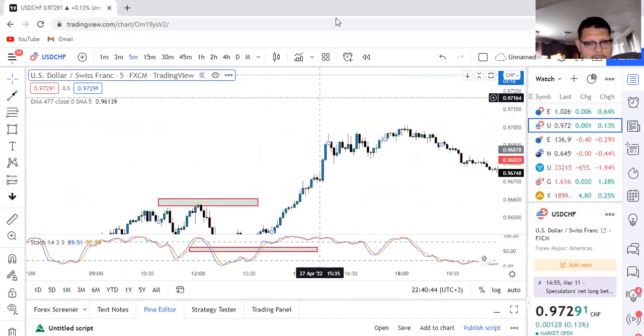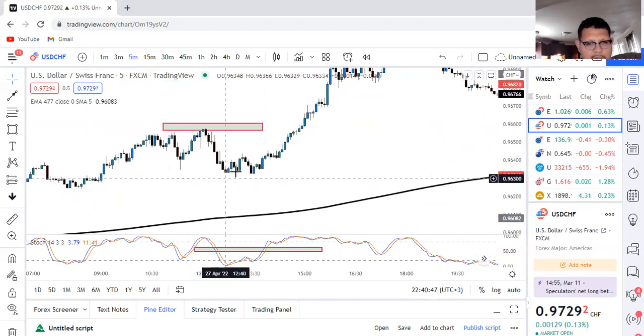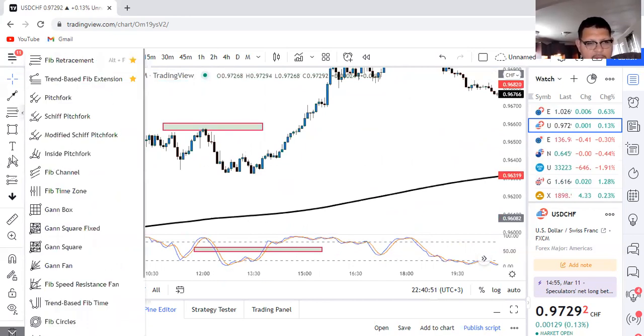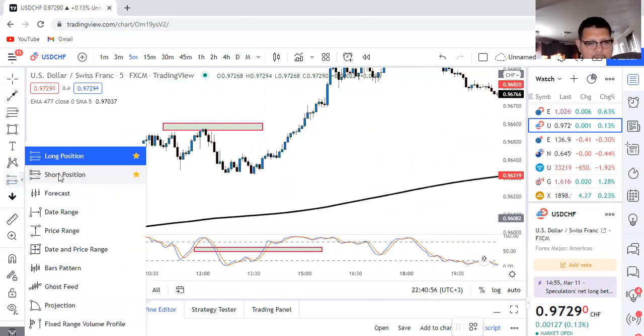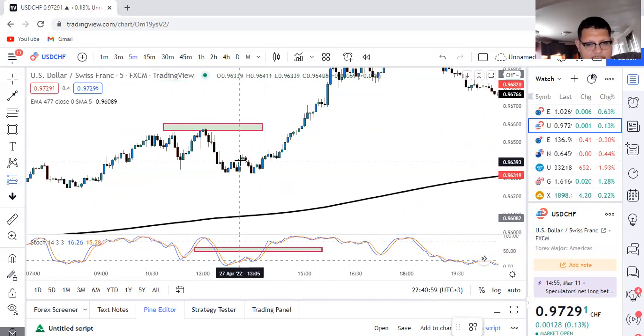There it is. You can see we are oversold right here. We'll take the trade back up to the high. Then we take it here.